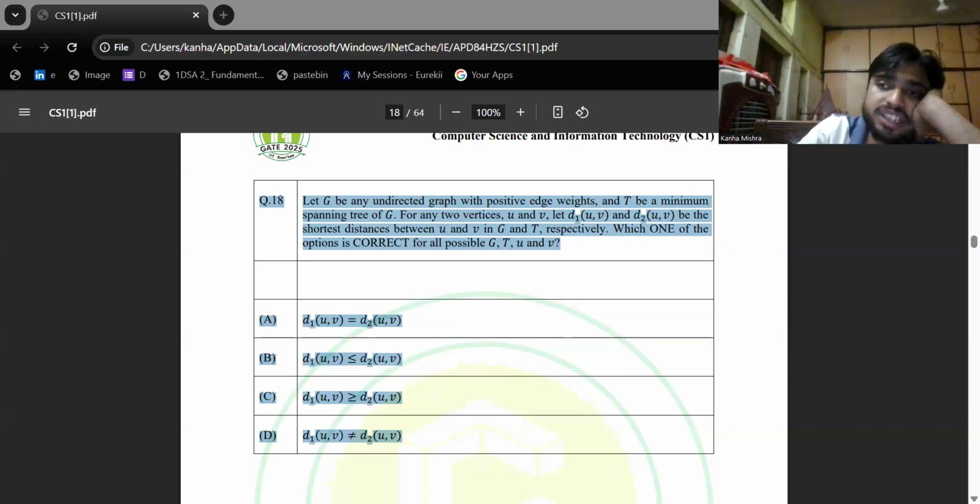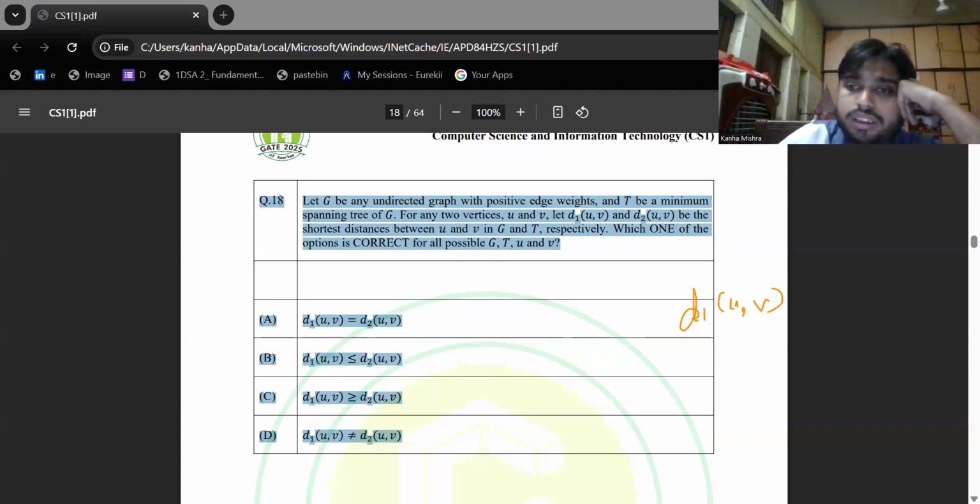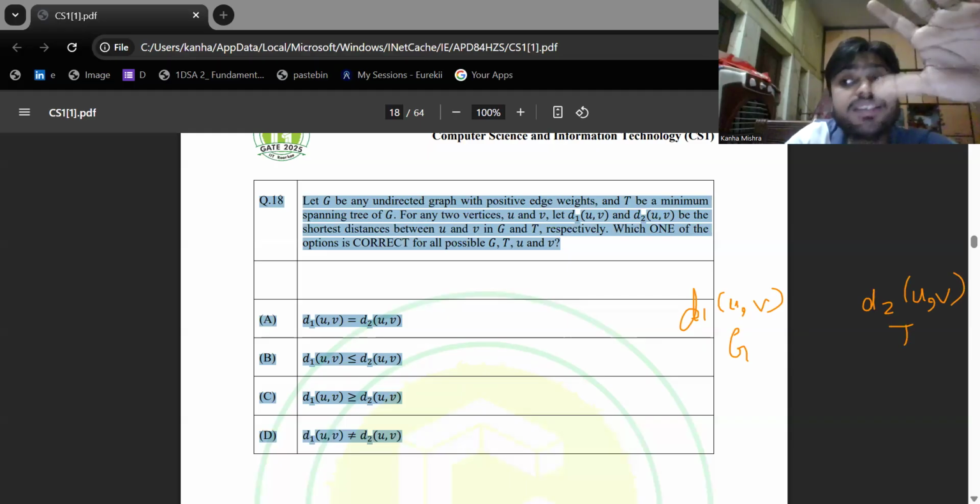So let's check the first option. D1 of U, V is equal to D2 of U, V. D1 is the shortest distance in graph G, D2 is the distance in graph T. Now, graph G can have cycles.